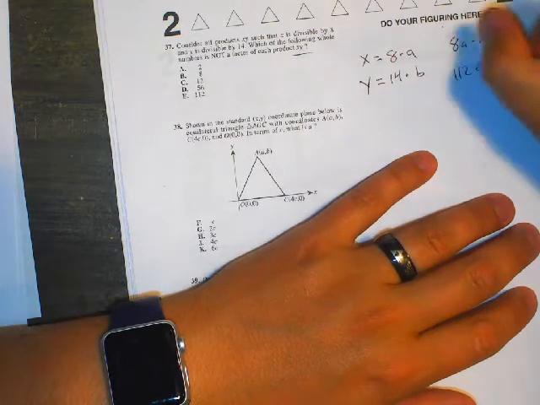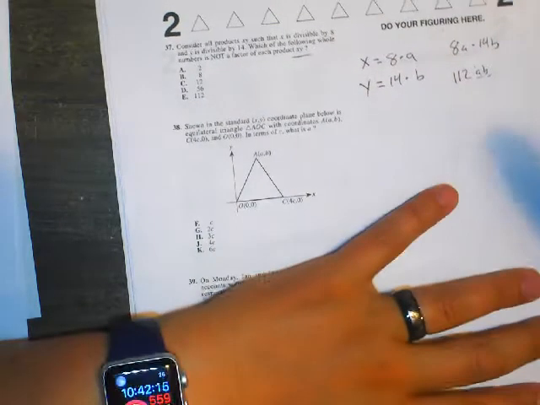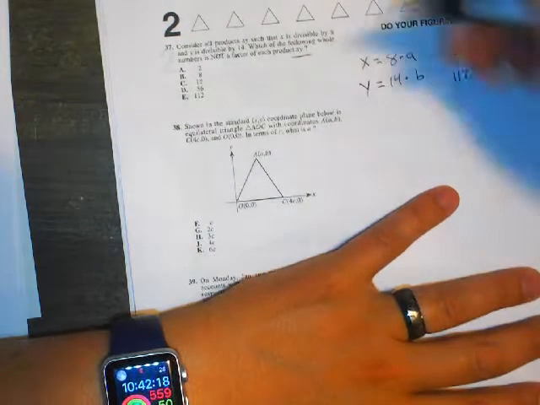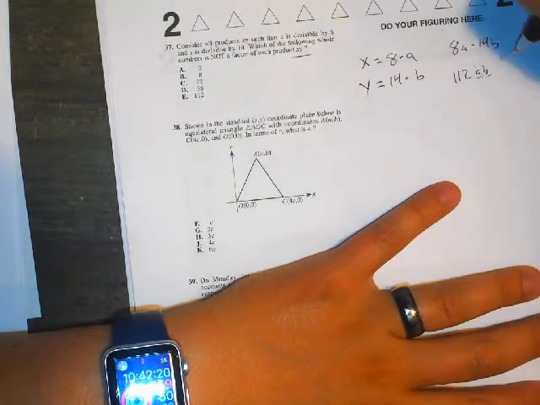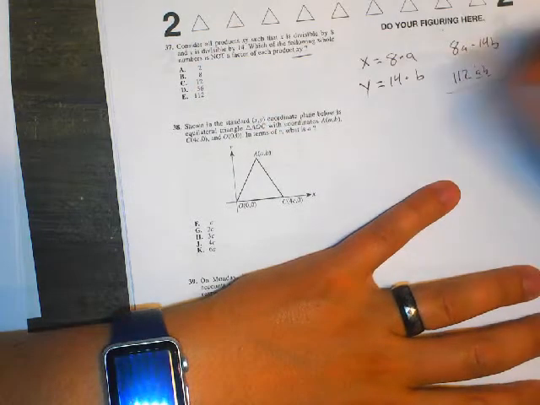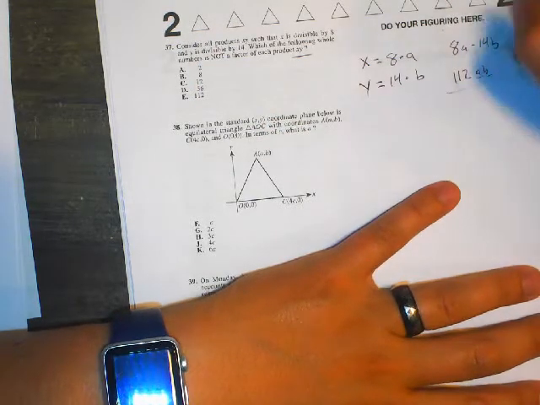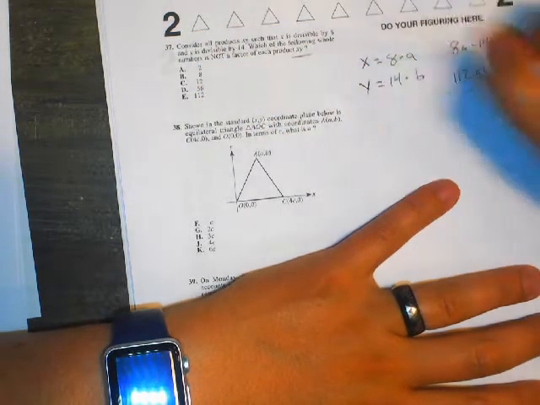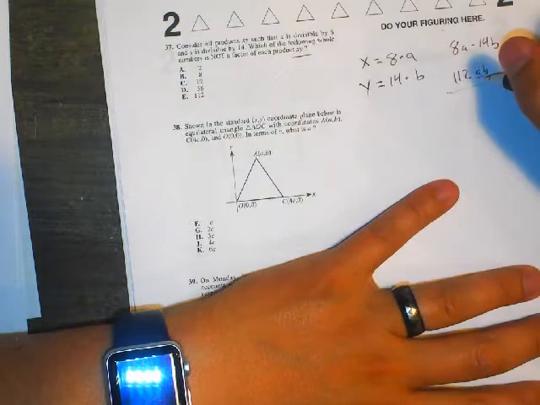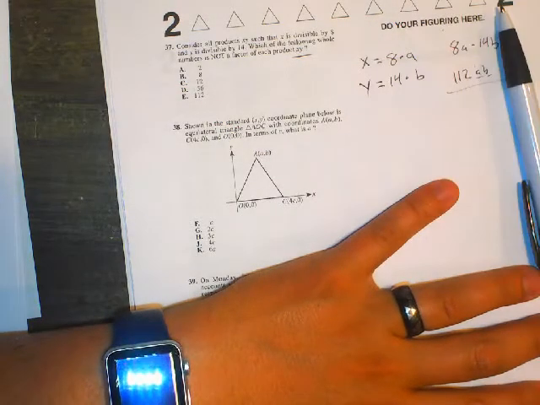But if I put x and y together, then I'm for sure going to get 8a times 14b, which in other words is 112ab. So then the thing is, a and b could be 1 or 2 or 3 or different things.